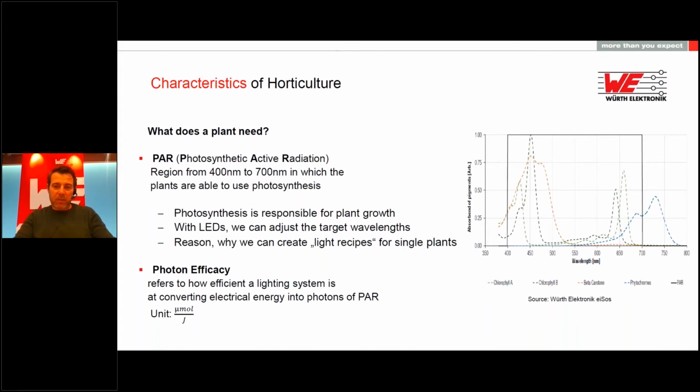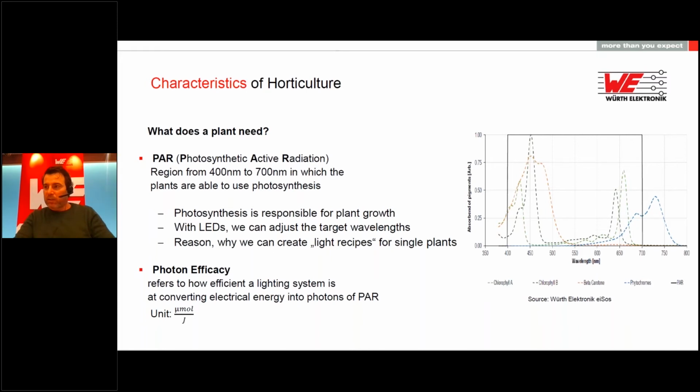On the graph here, you can see in dashed lines the main molecules and the main wavelengths at which they absorb the light, the sunlight or any light source that comes to the plant. These molecules are responsible for photosynthesis, or how the plant grows.